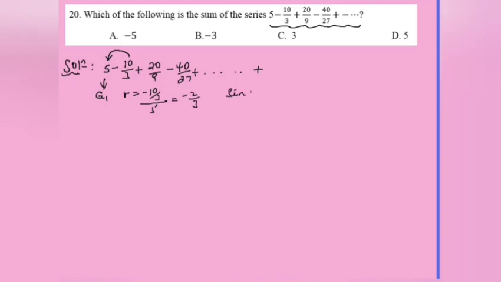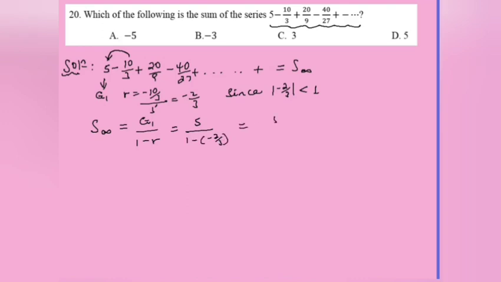Since the absolute value of r is less than 1, this series is convergent and we can calculate the value. So let me put this as S infinity, where S infinity is the sum of the infinite geometric series, which is given by g1 over 1 minus r, where g1 is 5 and r is negative 2 over 3.